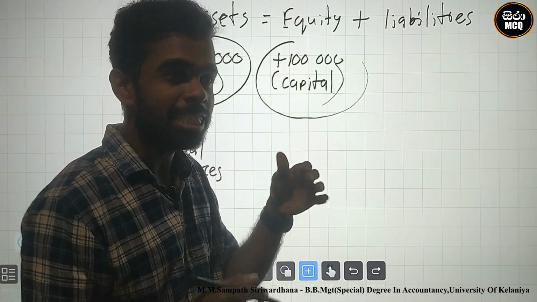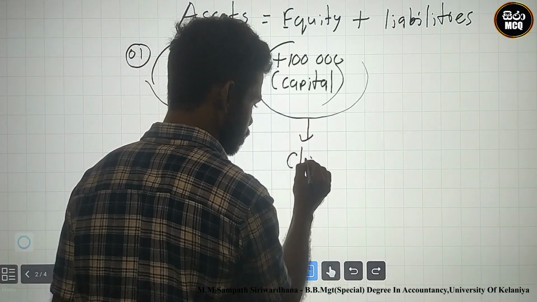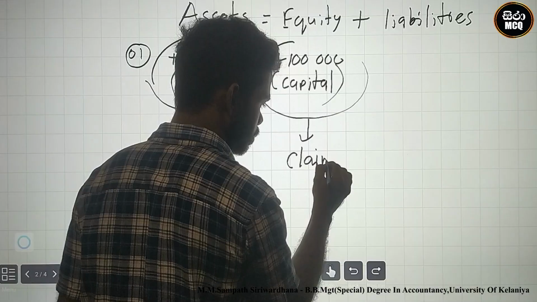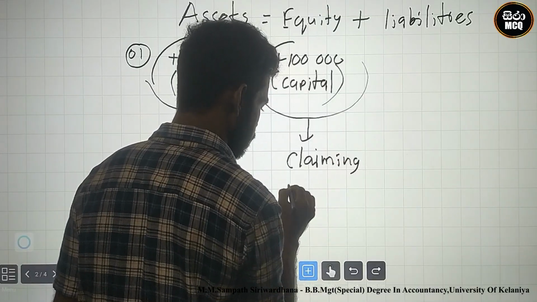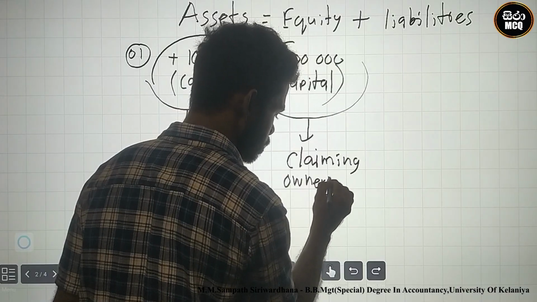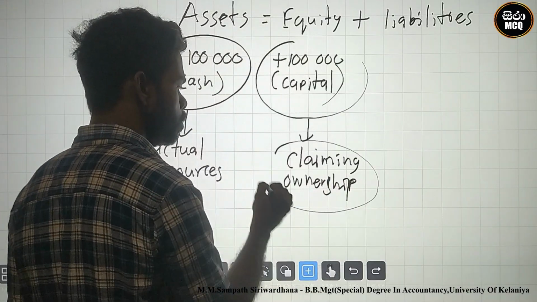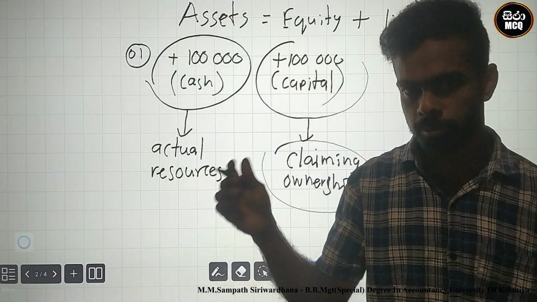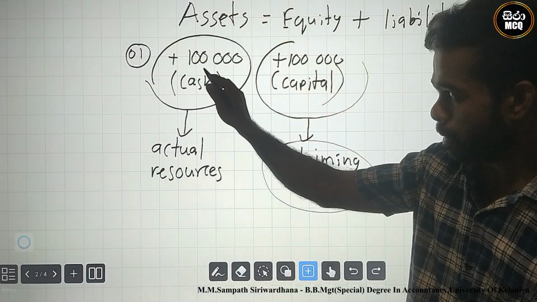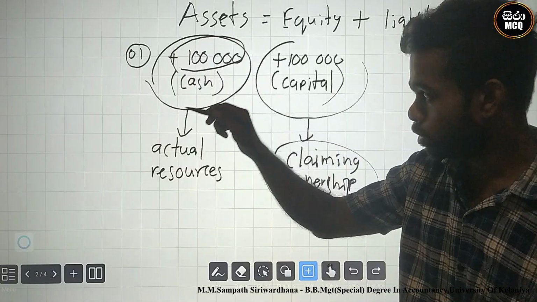This part, the ownership, means claiming. There is some cash amount there. These are the resources in the business.